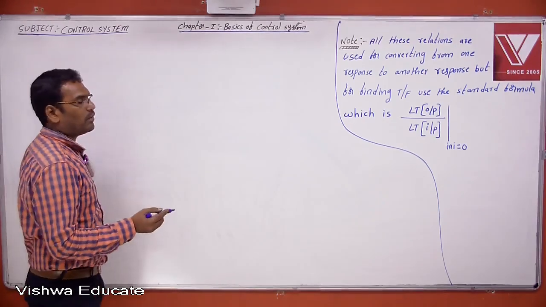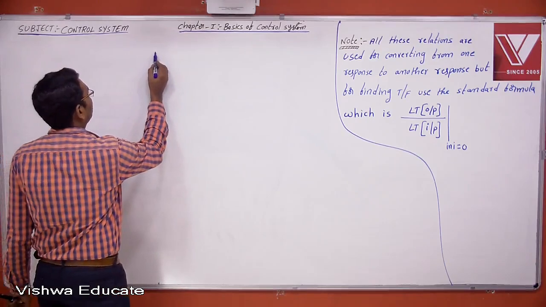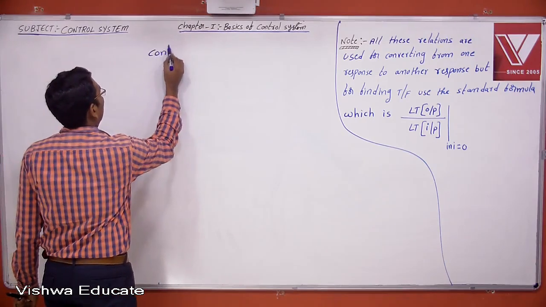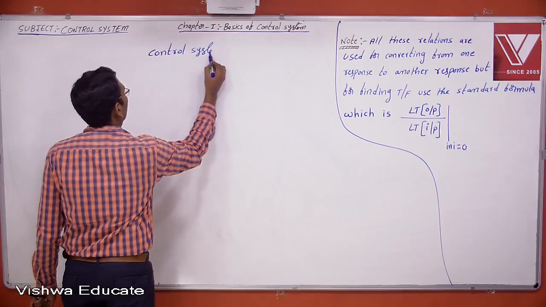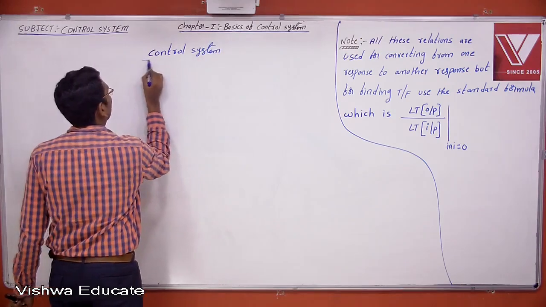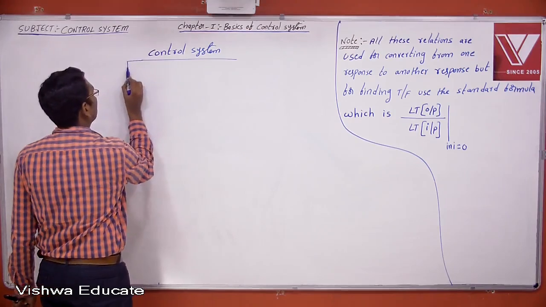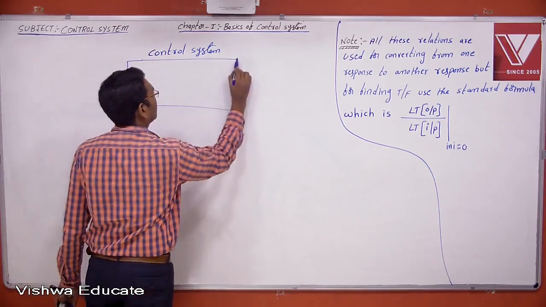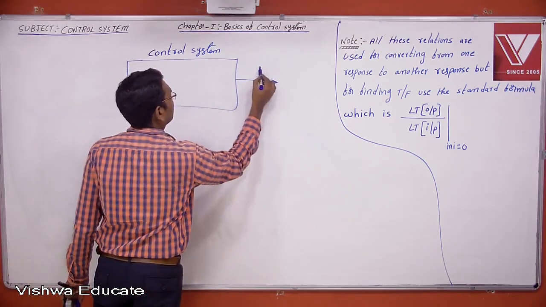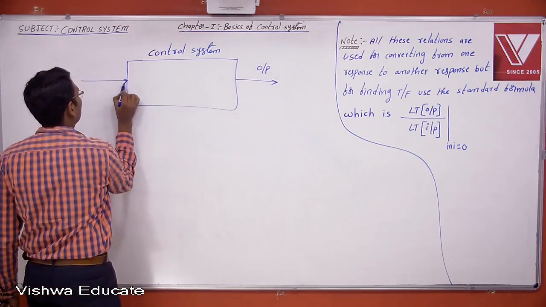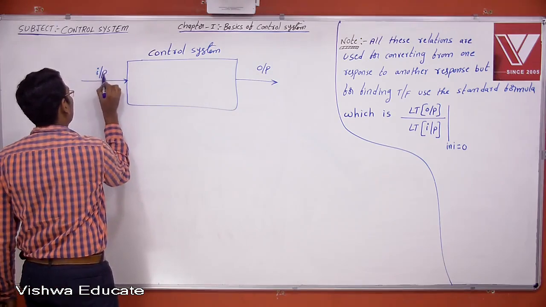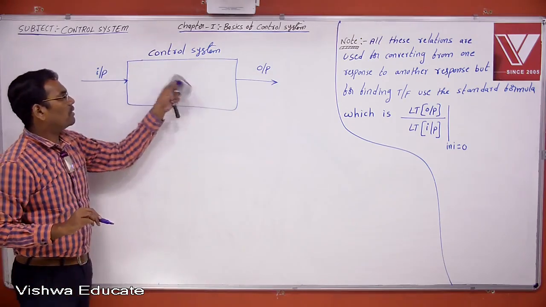Now we'll take one small example. Now this is the control system. This is output and this is input.